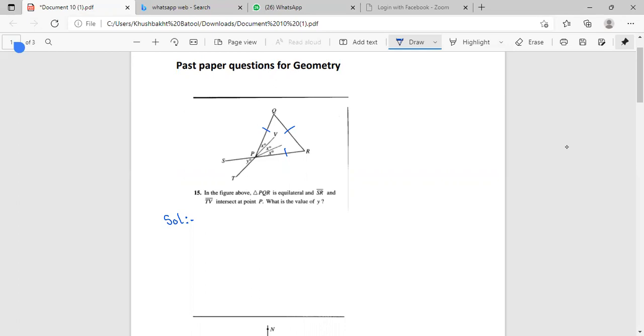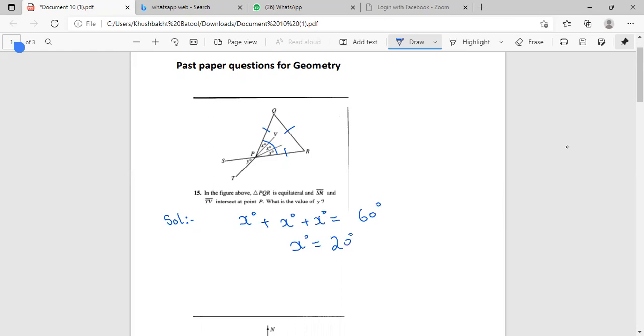Okay, very good. Perfect. But just for the sake of completeness, I would like to do it here as well. As Zahib said, this is an equilateral triangle, so every angle inside this triangle would be 60 degrees. So this whole angle would be 60 degrees as well, which implies x would be 20 degrees.